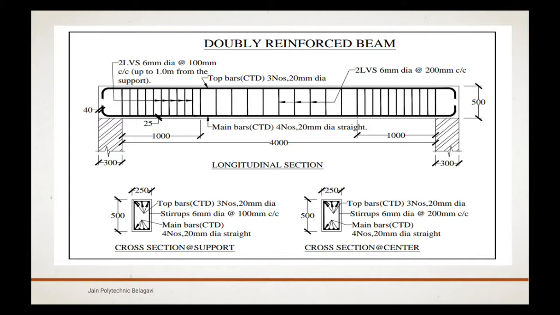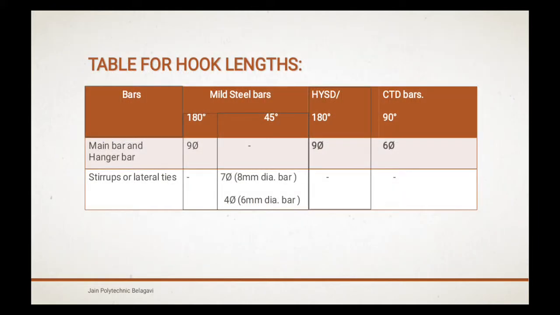So let us know about the table for hook length. We are going to calculate the bar bending fabrication of reinforcement for a beam, so we require this table: main bar and hanger bar, stirrups or lateral ties.